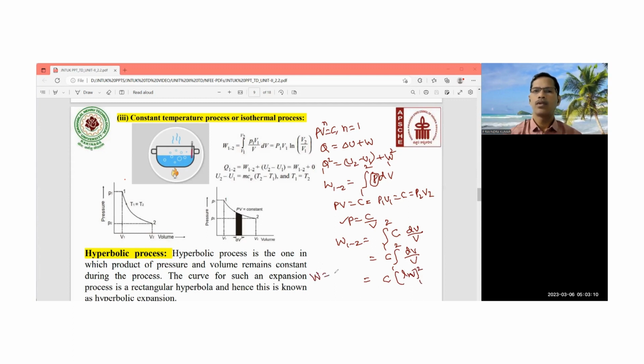W is equal to this C, which is nothing but P1 V1, ln V2 by V1, right? So when you apply the limits, W is equal to P1 V1 ln V2 by V1.